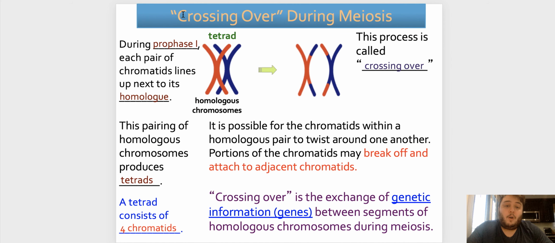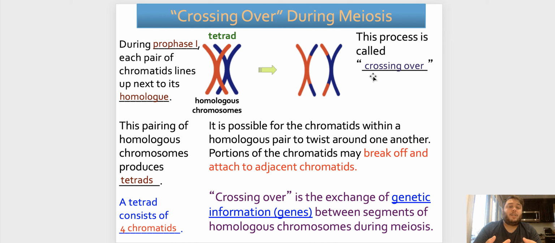So, crossing over. There's an idea of crossing over that's very important. This is a very simple thing to understand, but you've got to really get it. Crossing over means that chromosomes will actually cross with one another. Notice here how you have a red chromosome and a blue. Eventually, you're going to have a red chromosome that has part of blue and a blue chromosome that has part of red.